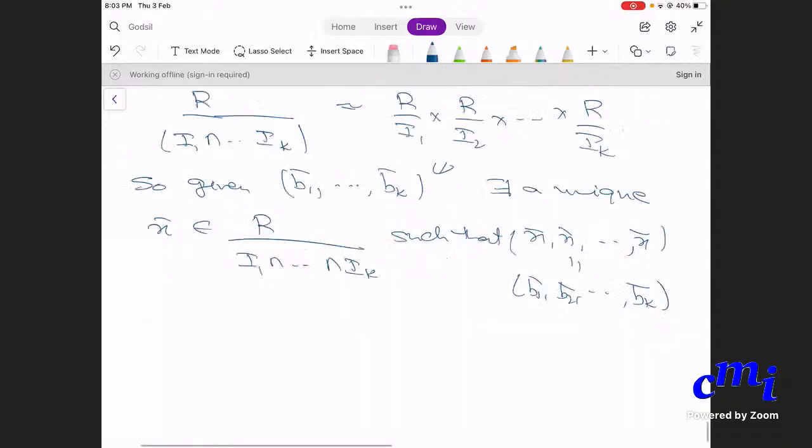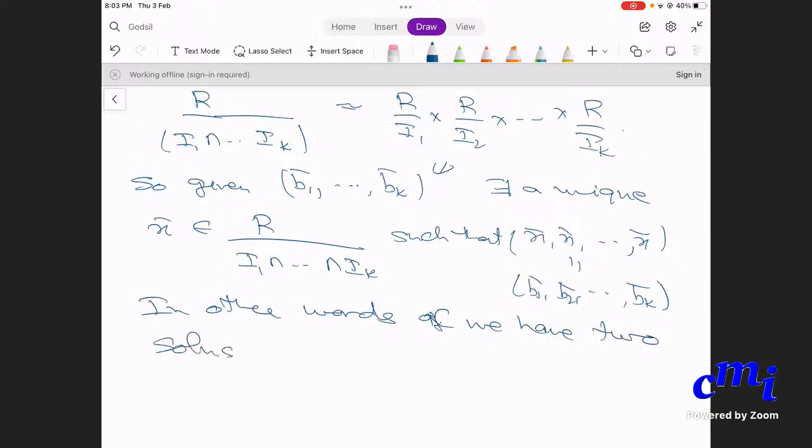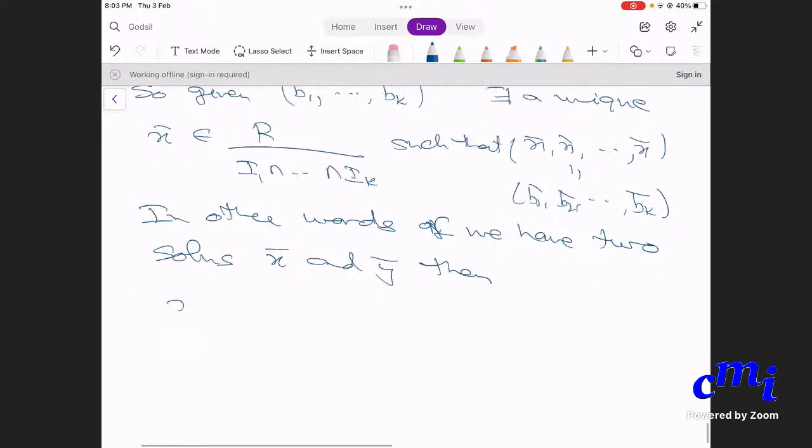That means it is unique up to the ideal I1 intersect I2 intersect Ik. In other words, if we have two solutions, x bar and y bar, then x minus y belongs to I1 intersect I2 intersect Ik. So it's not fully unique, but unique up to.